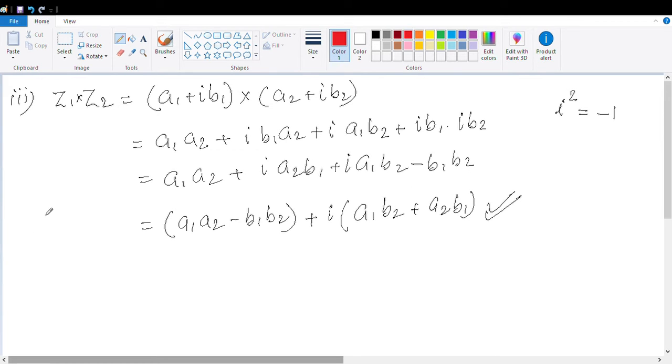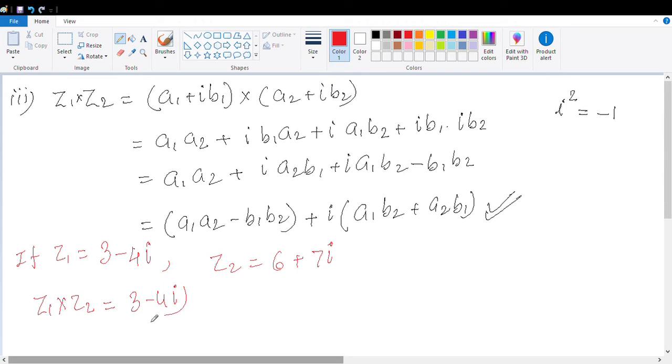For example, suppose we want to multiply z1 equal to 3 minus 4i and z2 equal to 6 plus 7i. So z1 multiply z2 will be equal to 3 minus 4i times 6 plus 7i, and it will be 18 plus 21i minus 24i minus 28i square.